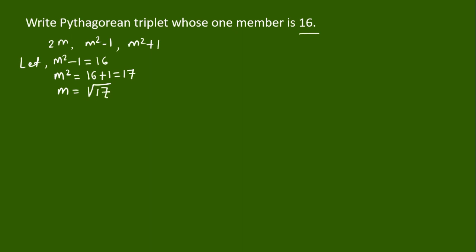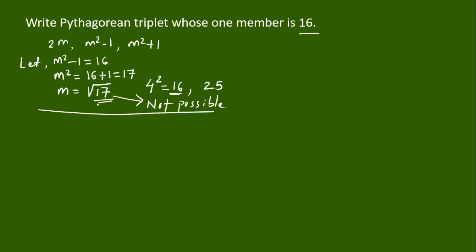Now to find the square root of 17 will be difficult because 17 is a non-square number. We know that 4 square is equal to 16, so 16 is a square number. After 16, the next square number is 25. But 17 is not a square number. So this is not possible to solve by this method.